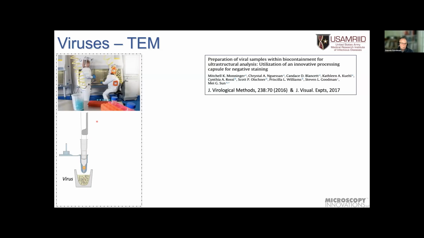So they would, in the BSL 3/4 suite, pipette in the virus. They would simply then lay the pipetter down on its side for a period of time to allow sedimentation of the virus onto filmed grids, rinse and fix.